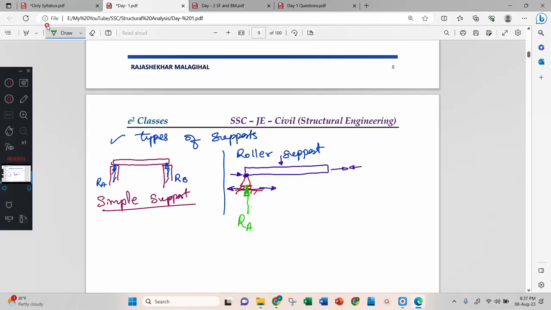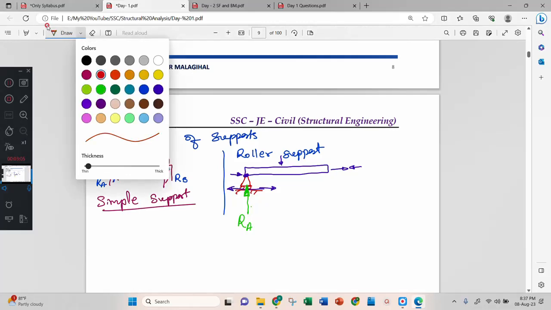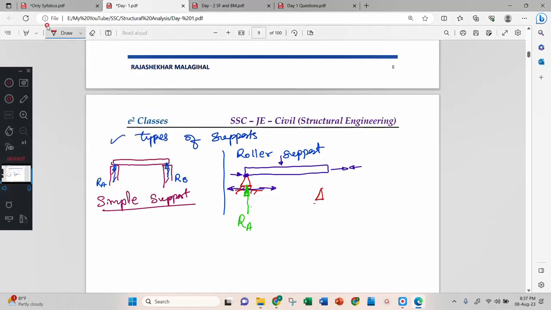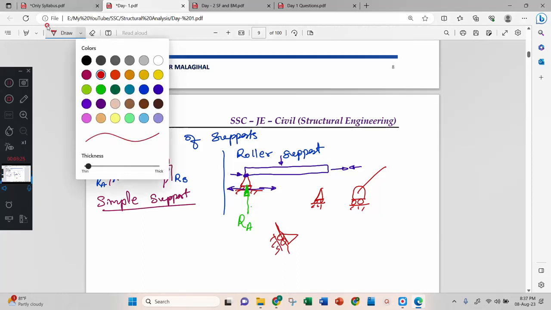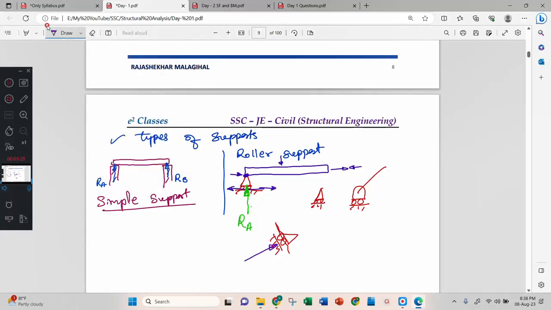Notation for roller support may be like this, or sometimes like this. These two are roller supports. Sometimes the roller support can be inclined also. See, this is your roller support. In this case, the support reaction will be perpendicular to the surface.